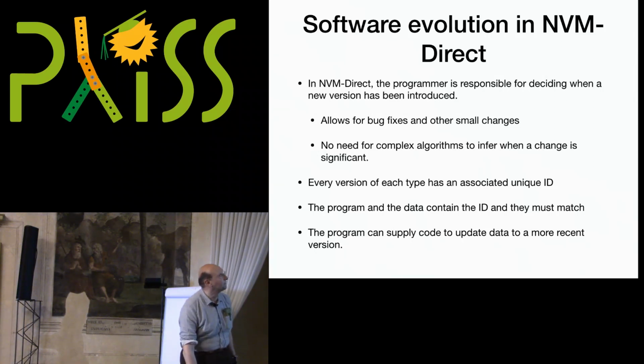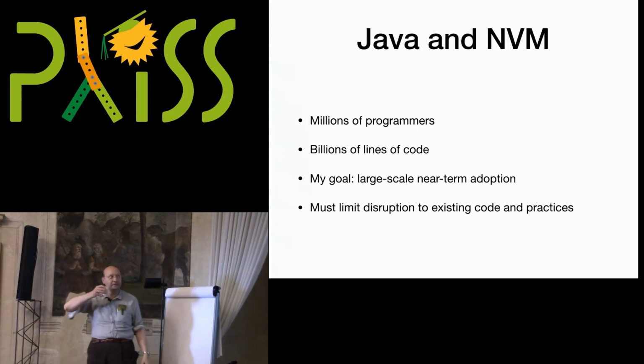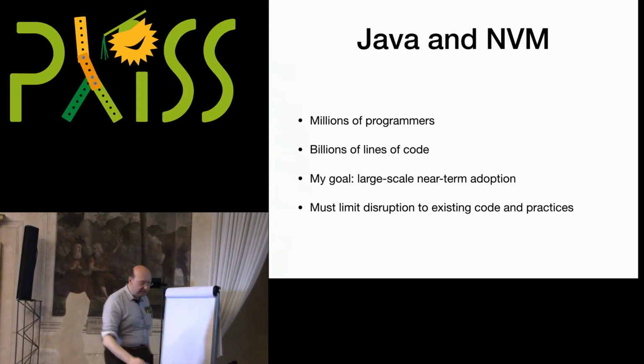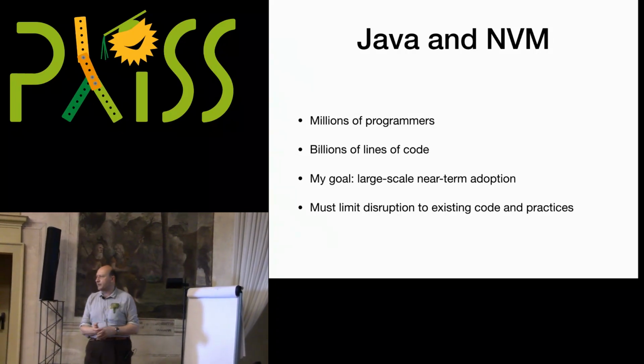Okay. So let's spend the rest of the time looking at Java, because this has been the focus of what I've been doing, so about half an hour. Java is very widely used. There are lots of programmers and lots of code.